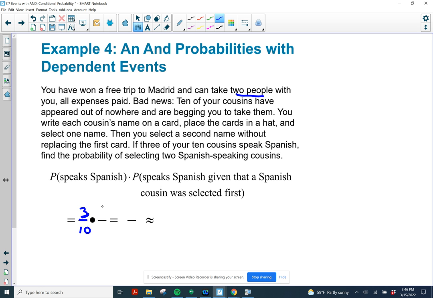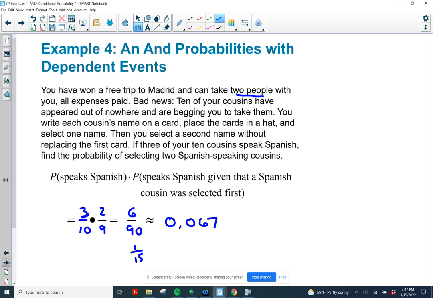But the probability that my second draw is a Spanish-speaking cousin is now 2 out of 9, because I still have 2 Spanish-speaking cousins out of the 9 remaining cards. Multiply that together, we get 6 out of 90, which we could reduce to 1 over 15 if we needed it as a reduced fraction. We can divide out a 6. But if I need a decimal, I'll just do 6 divided by 90, and that comes out to 0.067. We'll just round it to 3 decimal places. And you could use the calculator to reduce the fraction as well if you just needed a reduced fraction.